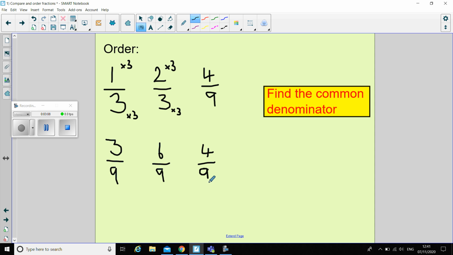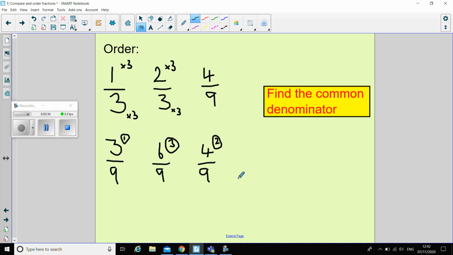Right, now I need to order those fractions. So which one is my smallest fraction? I've got 3 9s, 4 9s, or 6 9s. Well, 3 9s is the smallest, so I'm just going to write a little 1 there. That's my smallest one. Second smallest is 4 9s. And my third smallest is 6 9s.